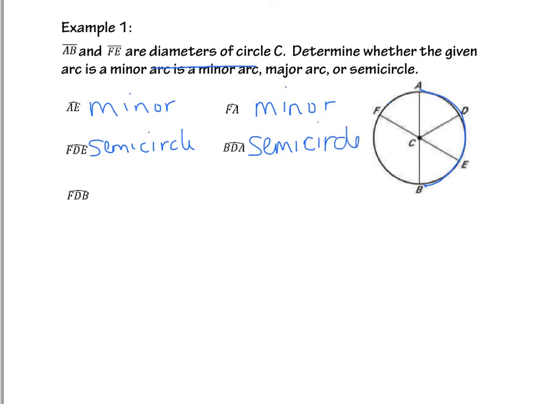And then we have arc FDB, and you follow the order of the letters, so from F to D to B. Well, that is more than 180 degrees, so that would be a major arc.